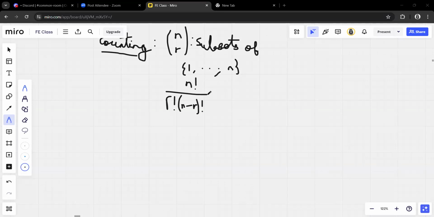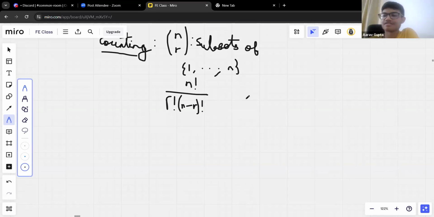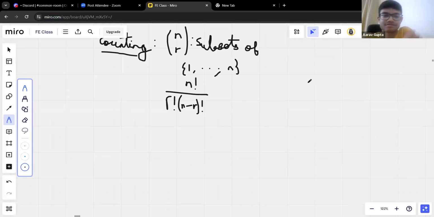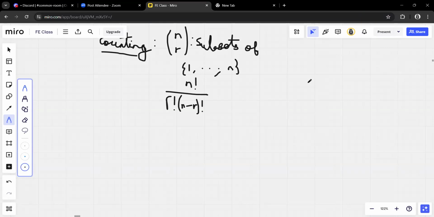We can arrange the set in any way. So we can choose first r numbers of the set, and the first r numbers can be permuted in r factorial ways, and the n minus r objects left can also be permuted in n minus r factorial ways. So we can prove it by that thing. So they must be divided in nCr.